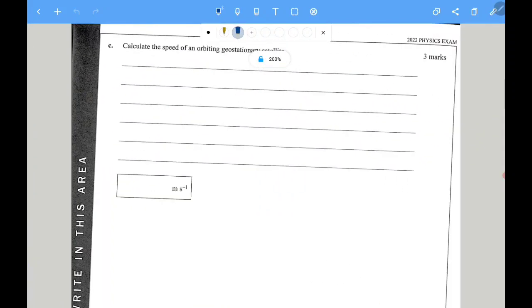Okay, we know the radius, the radial distance, and we also know the period. So we can use the definition of the speed. This is actually not that hard of a question, at least if you remember your basics.